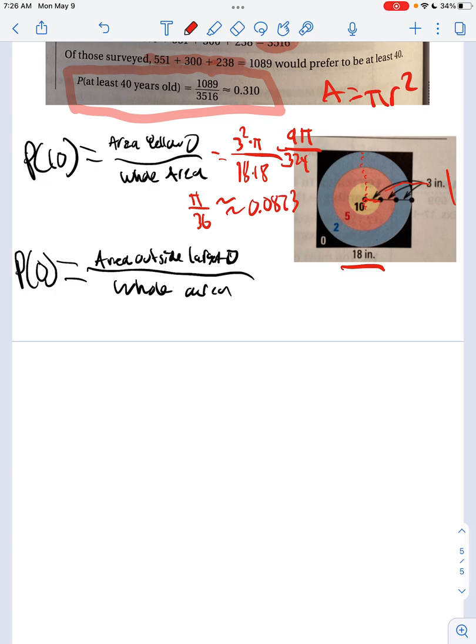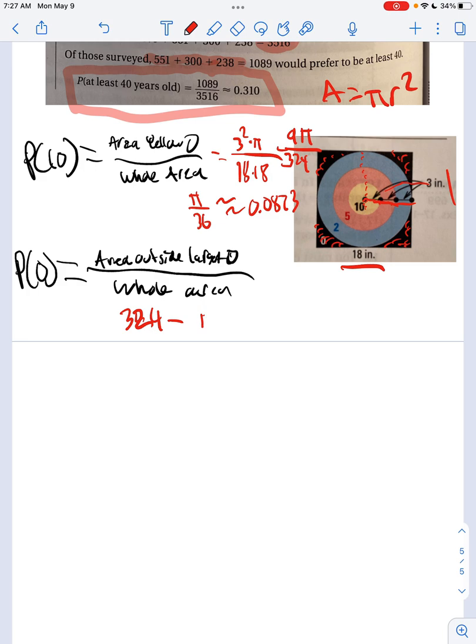And then if I look at 0 points, the area outside the circle, that's this area right here. So what I'm going to do is take the area of the square and subtract the area of the largest circle, the blue circle. So the area of the square is 18 times 18, 324. And the area of the blue circle, my radius is going to be 9.